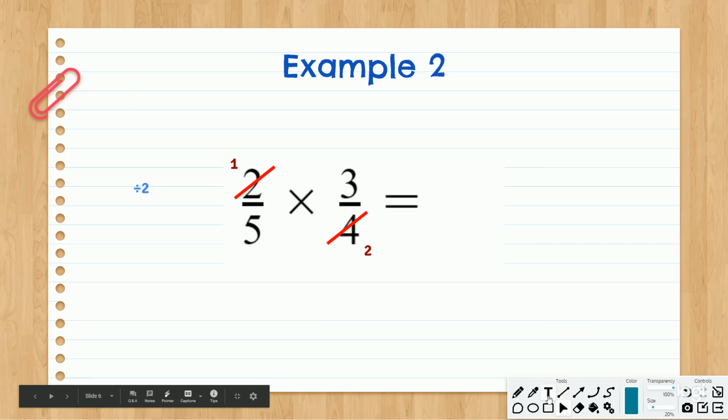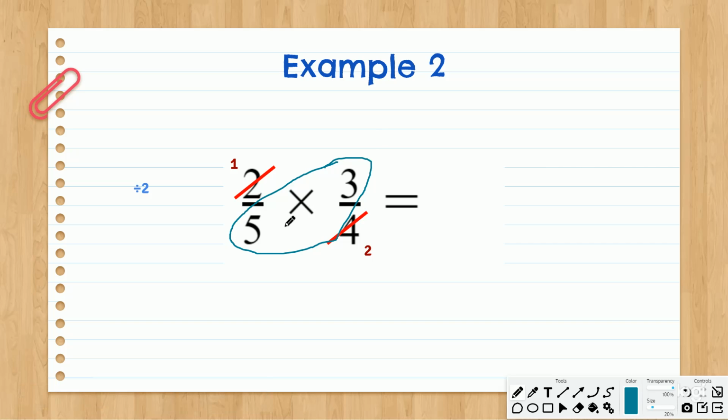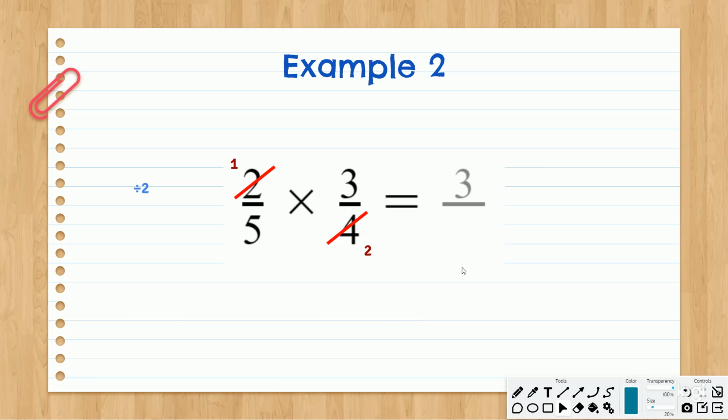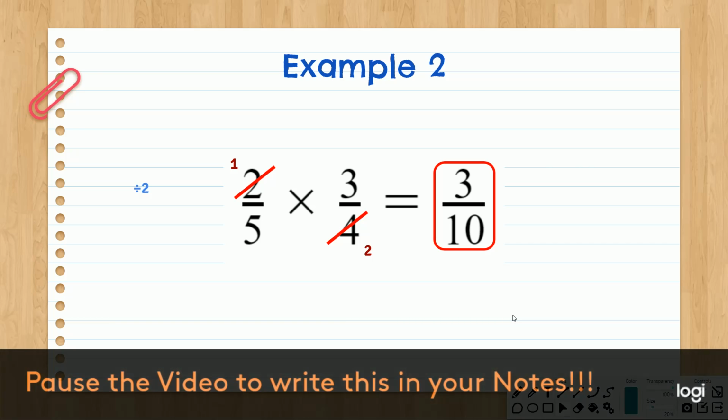And if I look at the 3 and the 5, I can't divide both of those by the same number, so I don't have to do anything with those actually. So these are already in the lowest form, so all I need to do then is multiply across. So 1 times 3 gives me 3. 5 times 2 gives me 10. So my final answer is 3 over 10. So pause the video here and write that in your notes.